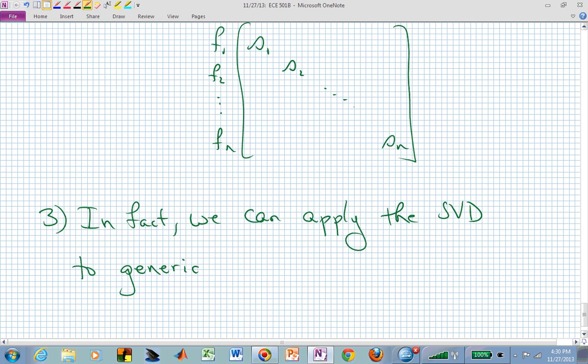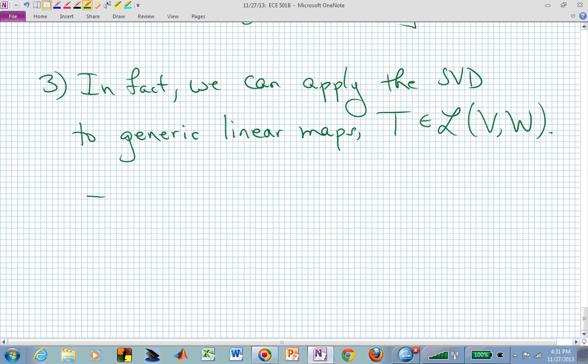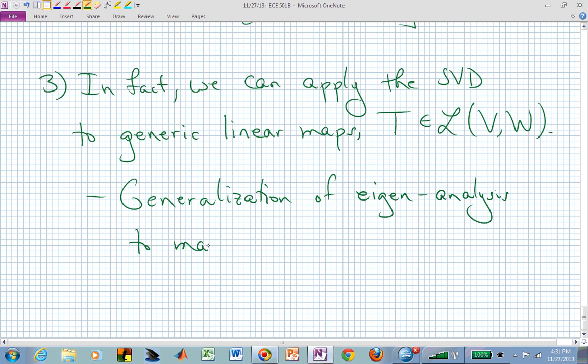So we can apply the singular value decomposition to generic linear maps, which we might represent as T being an element of the linear maps from V to W. This allows us to think of it as a generalization of eigenanalysis to maps, because linear maps generically don't have eigenvalues, do they?